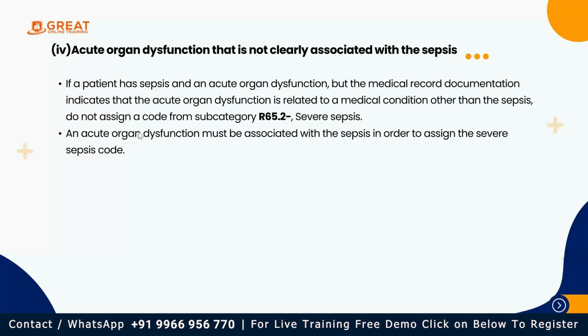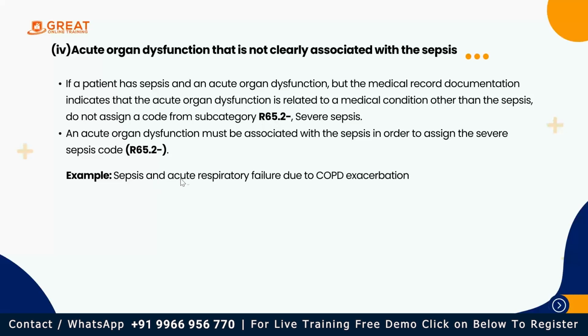An acute organ dysfunction must be associated with sepsis in order to assign the severe sepsis code. So if acute organ dysfunction and sepsis are both there, there must be an association between them given, and only then can we use severe sepsis code R65.2. If the relation between organ dysfunction and sepsis is not given, you should not use R65.2.